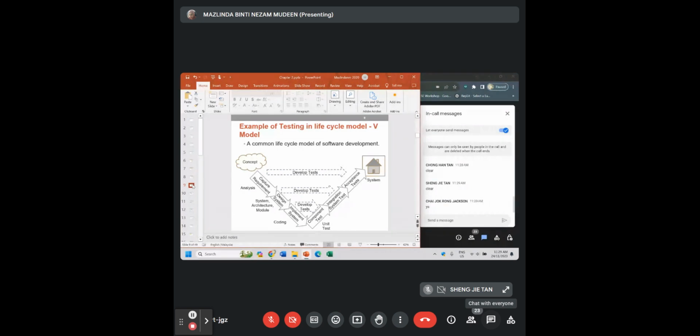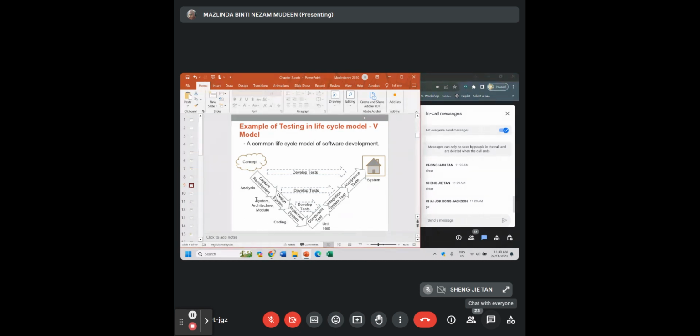But it gives importance to what we produce at a certain level to be used to prepare for the testing later. This V model stands for verification and validation model. So it will do verification at each level, and it will do the validation later. We have the analysis stage, the design stage, and the coding stage.